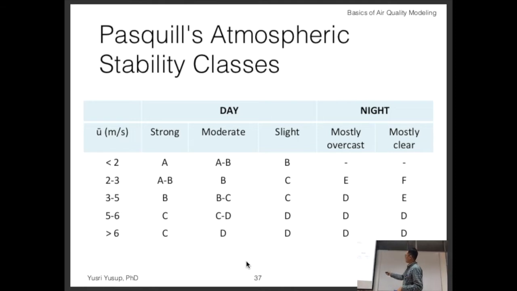Now this is for day. Now if night, if less than 2, you don't categorize it. I think you would categorize it either as D or E, because there's not really any classification for that one. Now then we do the rest. Like say it's 2 to 3, and the sunlight is moderate, then we say it's B, and so on.